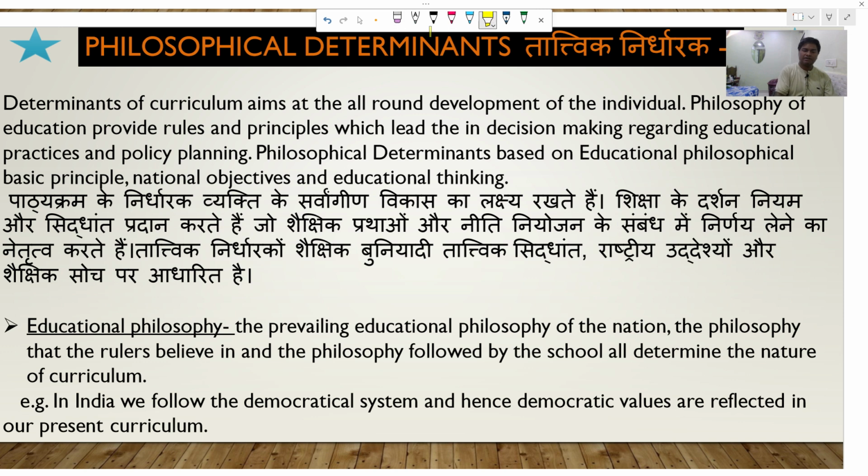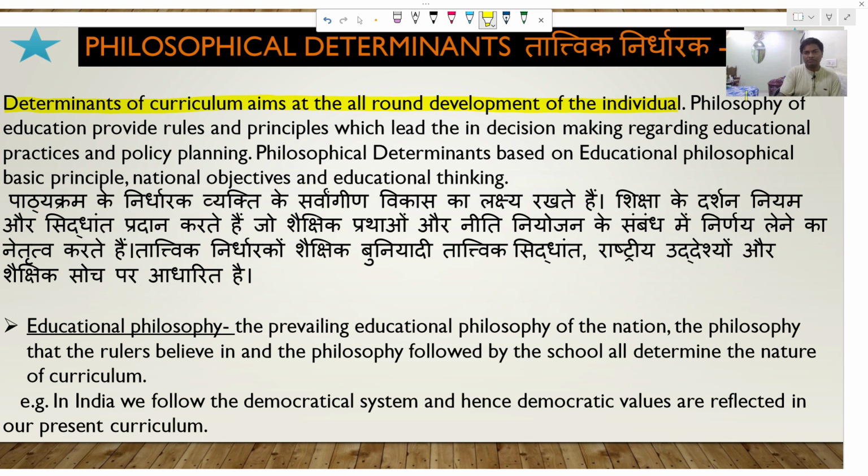So determinants of curriculum aim at all round development of the individual. All round development of the individual is managed by philosophical determinants.